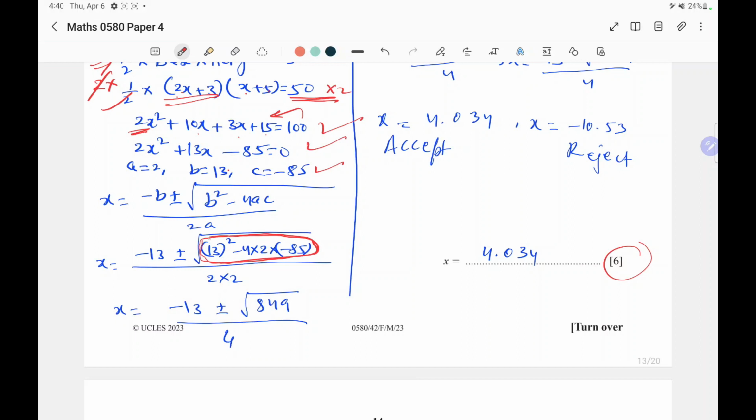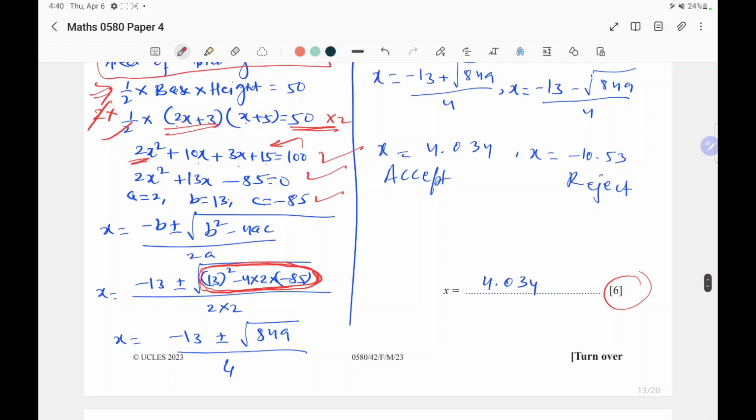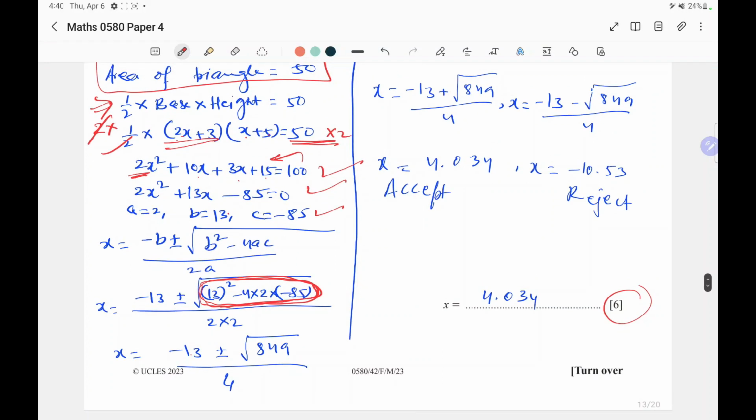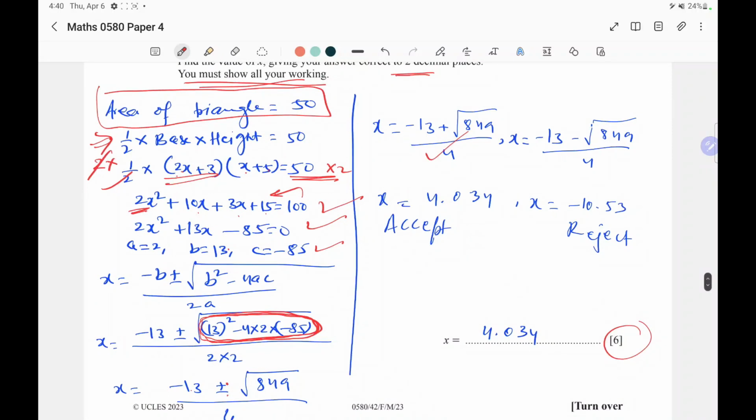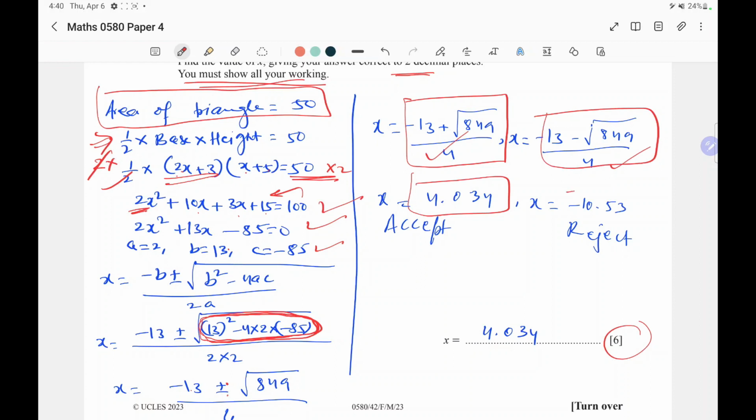You can keep the root and then use the calculator here. That is 849 over 4. Since it is plus minus, I have to write it twice: first minus 13 plus root 849 over 4, and then minus 13 minus root 849 over 4. Now I will use the calculator at this step. Put this in the calculator, you will get this result, and put the other in the calculator, you will get that result.